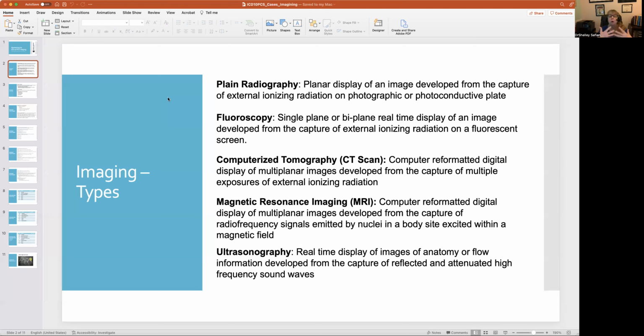You also have to have a sense of what the differences between these types of imaging are, so you can make sure that the ICD-10-CM diagnosis code is properly supporting medical necessity for that specific type of imaging.